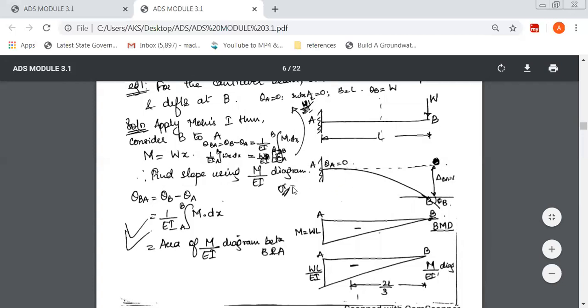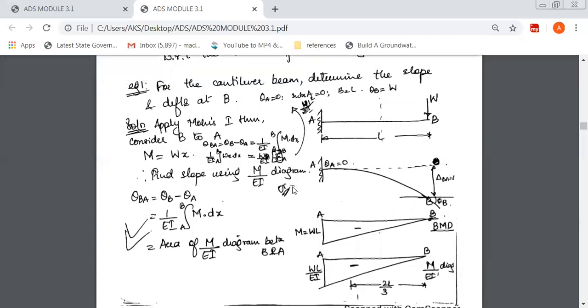There is absolutely no rotation and no deflection happening here.